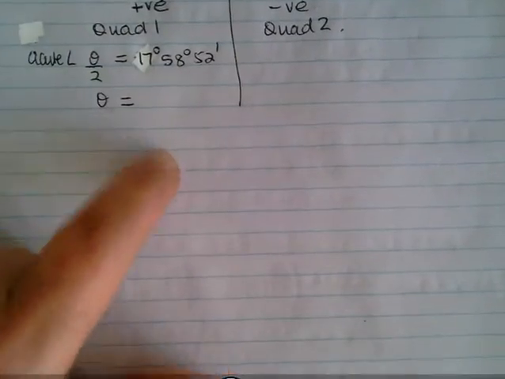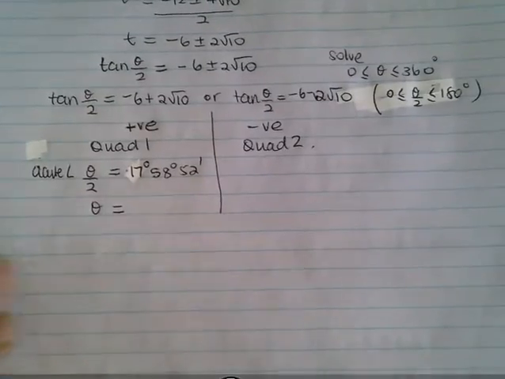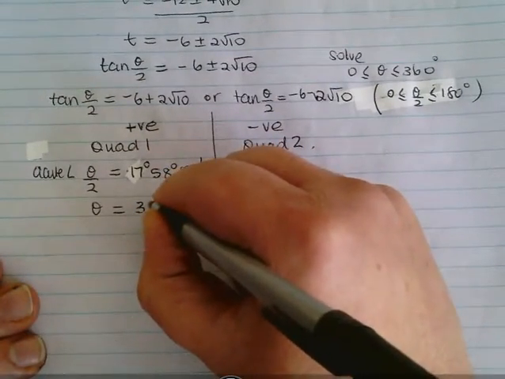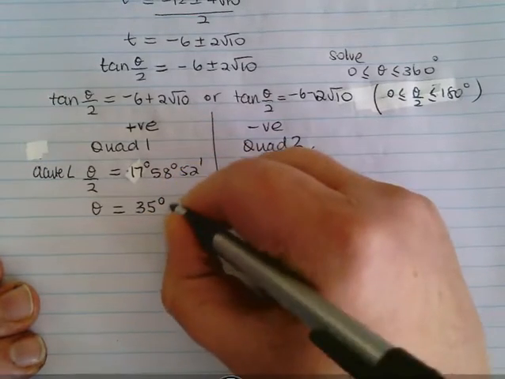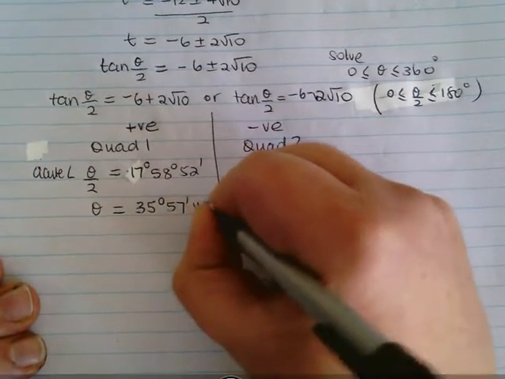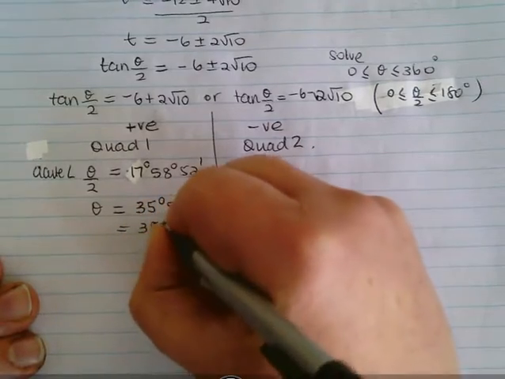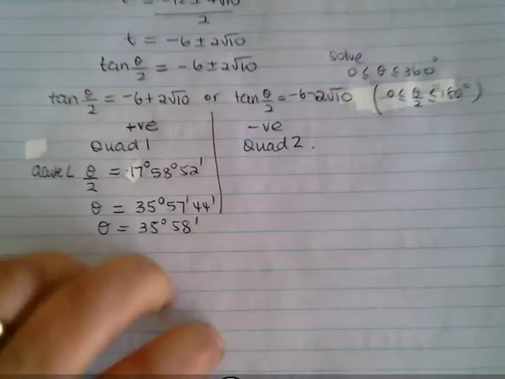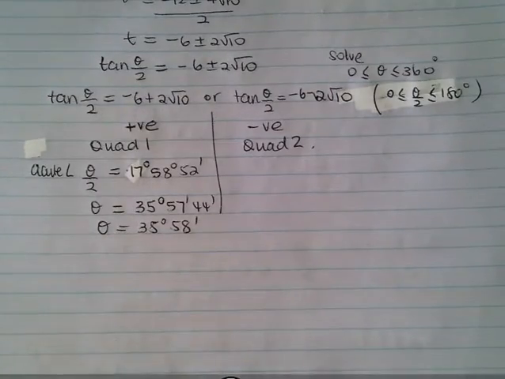So that's theta on 2. Do not cancel it. Multiply it by 2, because sometimes you'll get a mistake with the rounding if you round it here. So what do you get? 35 degrees 58 minutes. That's what theta is for that quadrant 1 answer.